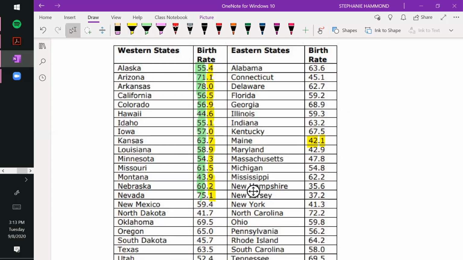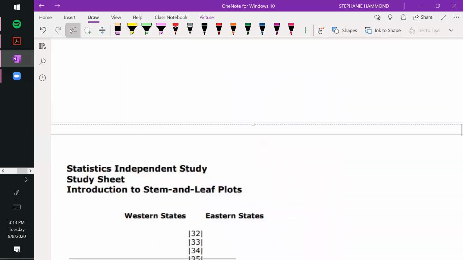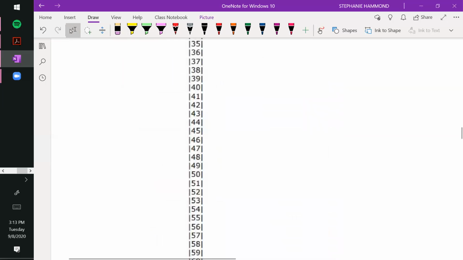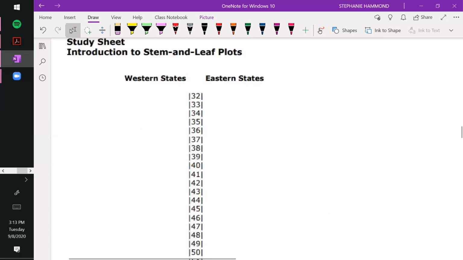To do a back-to-back stem plot, on the next page, they have the stem made for you already. So there's all of our tens and ones places. We're going to add tenths places. We're going to put leaves for the western states on the left-hand side of this stem, and then leaves for the eastern states on the same stem and leaf plot, but on the right side of this stem.